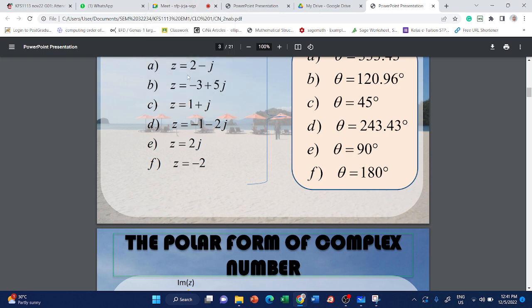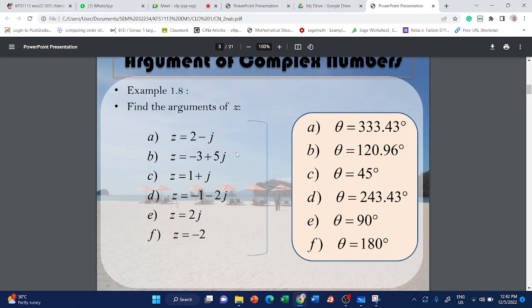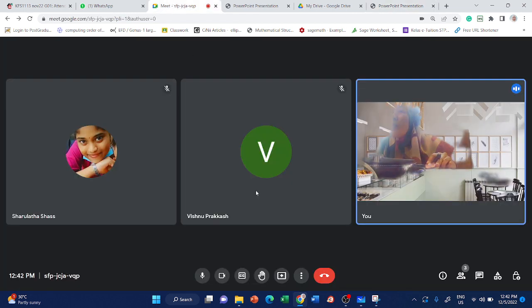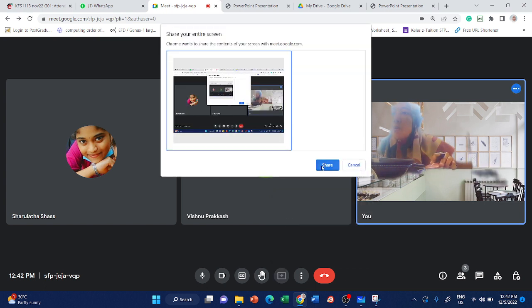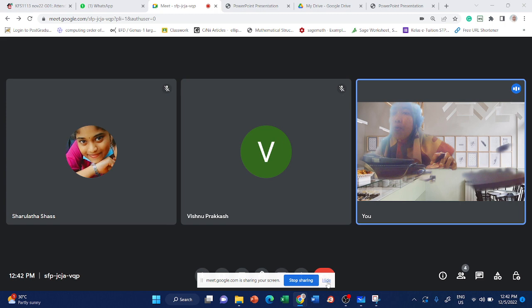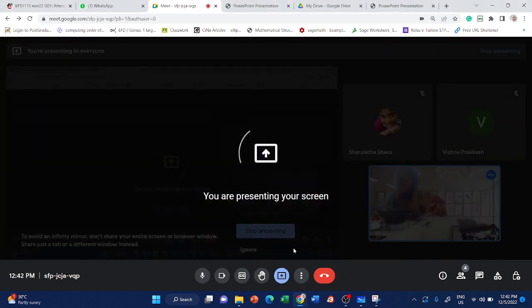Basically, it is continuous, but in the second slide, when you refer to the e-learning, it starts from the argument. The argument is also in the first slide, but the second slide starts again on the argument theta. So now I'm going to explain the content in the second slide. You can refer to the e-learning.